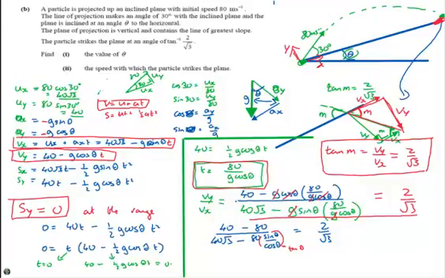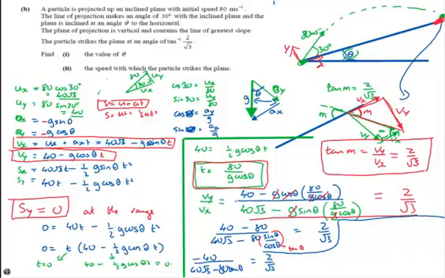So we can finish this off. We've got 80 minus 40, which is minus 40, over 40 root 3 minus 80 tan theta, is equal to 2 over root 3. So multiply both sides by root 3 and multiply both sides by the denominator, 40 root 3 minus 80 tan theta. I'm just going to make a bit of space so I can finish on one page.